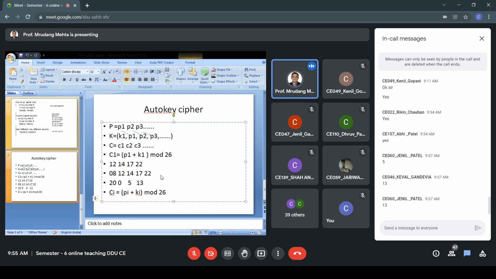And Ki is P(i-1) for i greater than or equal to 2, and K1 is the initial key.